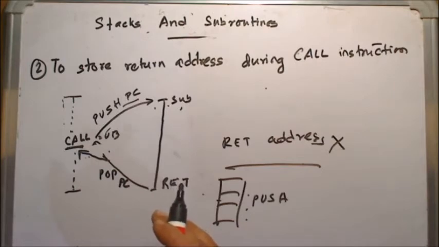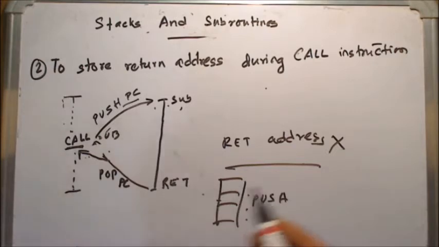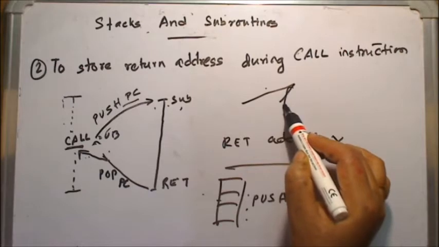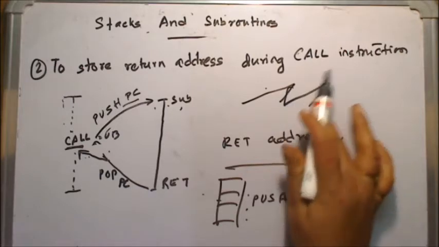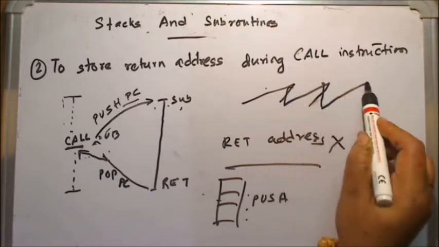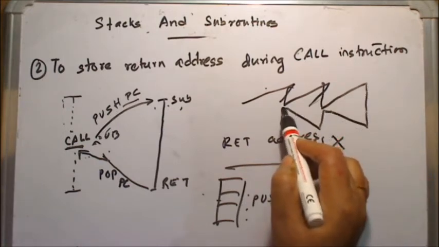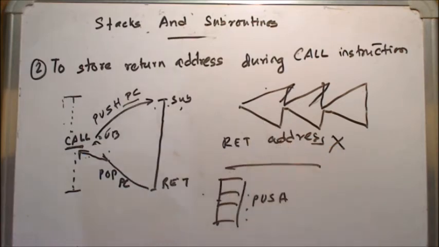So why do we always use stack? Because of the last in first out principle. I have explained this also. During multiple subroutines, you remember, there are a number of calls and a number of returns.